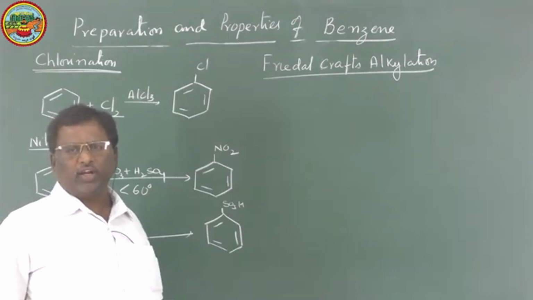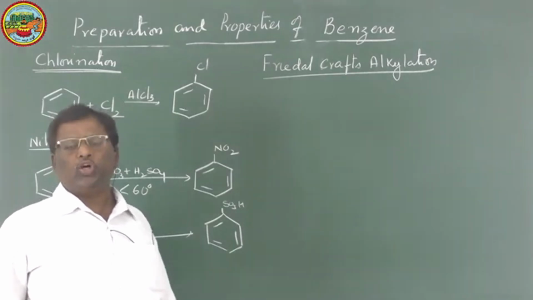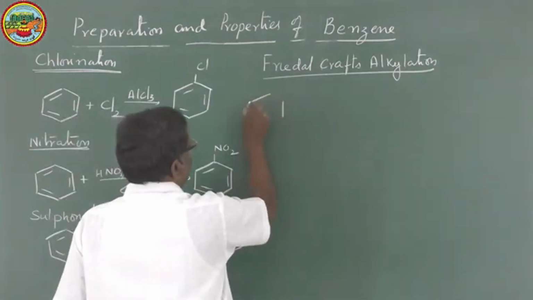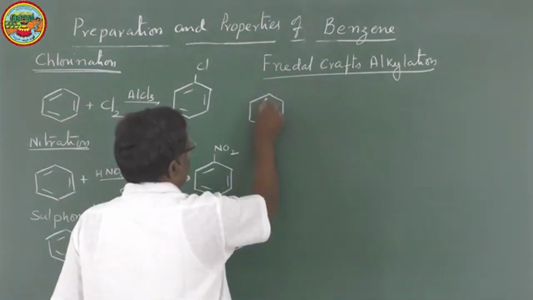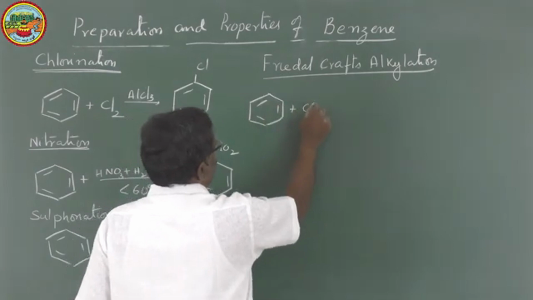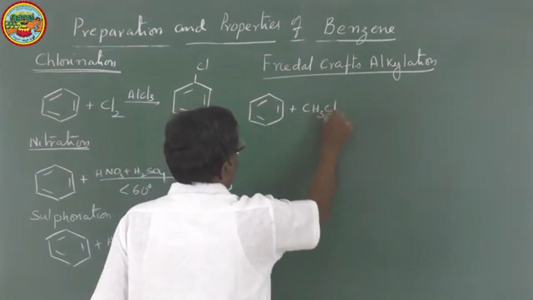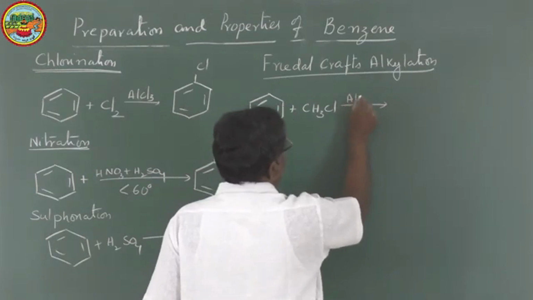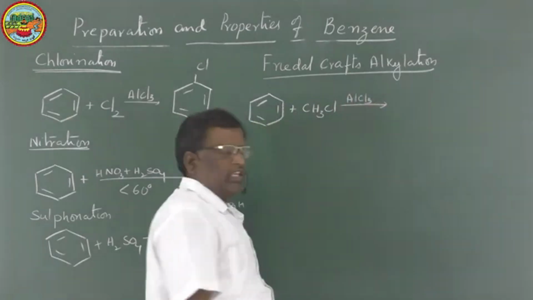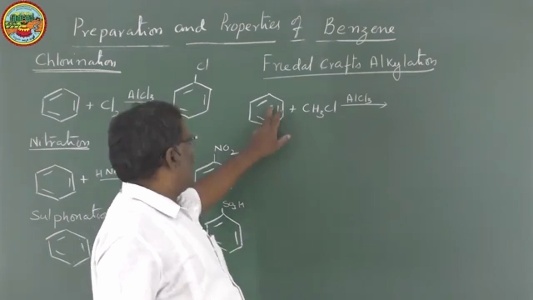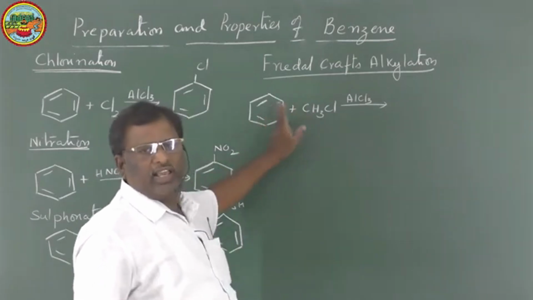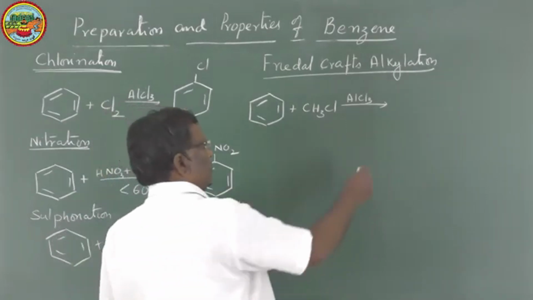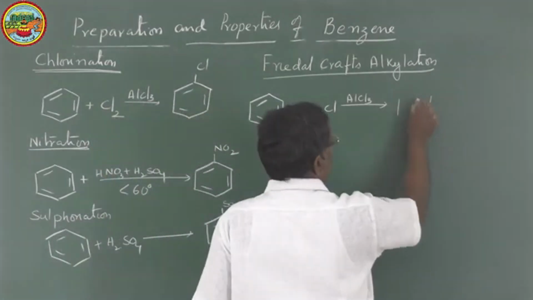This reaction is called Friedel-Crafts alkylation. When benzene is treated with methyl chloride in the presence of Lewis acids like AlCl3 or FeCl3, an alkyl group is substituted here. This reaction is said to be Friedel-Crafts alkylation, and we get toluene.